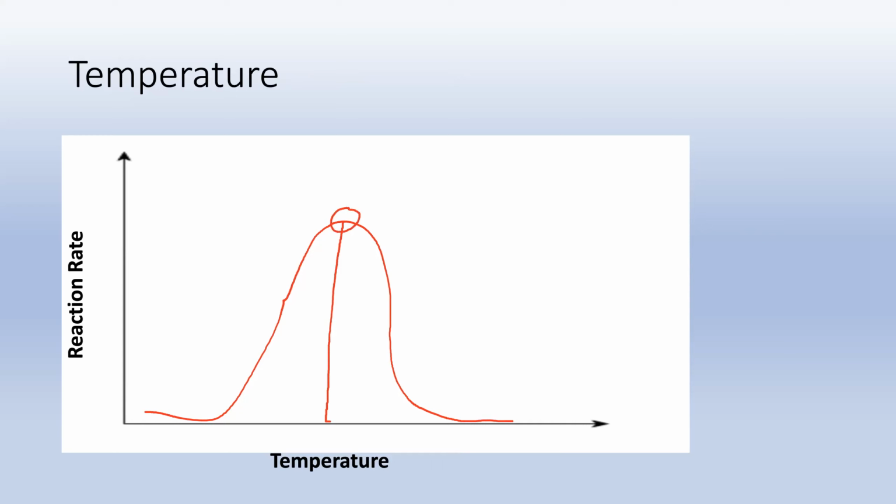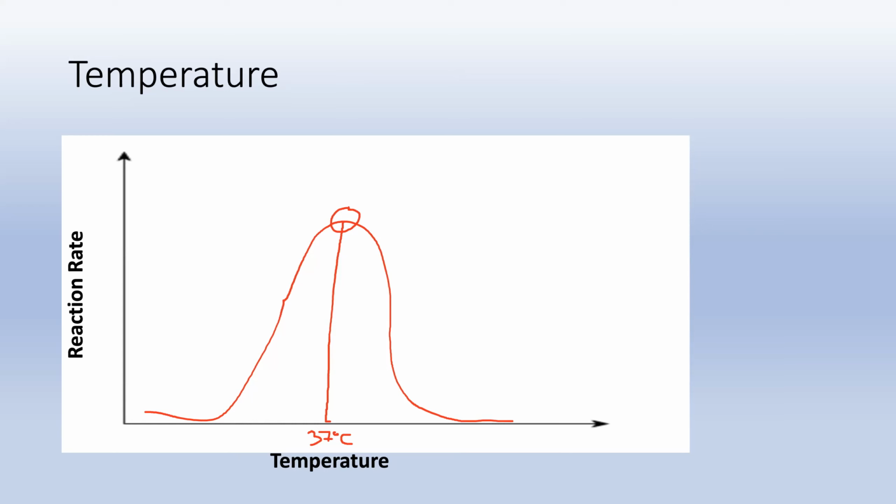This point right here on your graph is going to offer what we call an optimal temperature. And in the human body, the optimal temperature is 37 degrees Celsius, which would be normal body temperature of 98.6 degrees Fahrenheit. This is where you're going to have within the human body with enzymes the greatest number of molecular collisions.